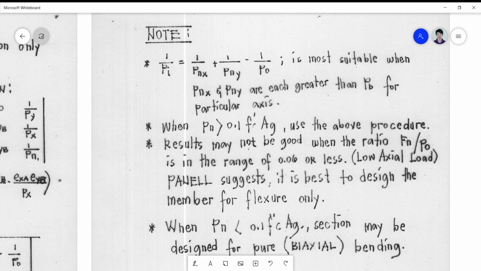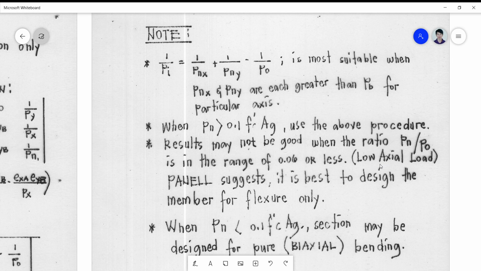The actual load capacity is not yet defined. So you have to compute it and then divide it by Po and make this reference your basis for the use of the Bressler method.